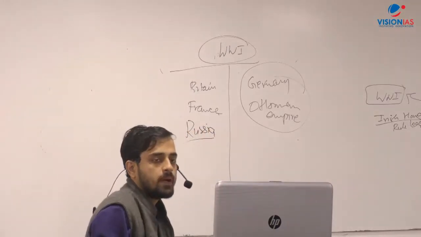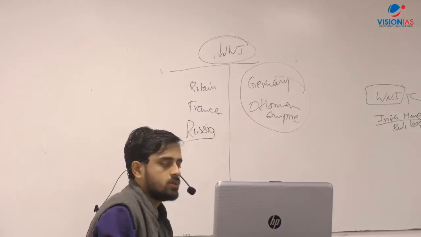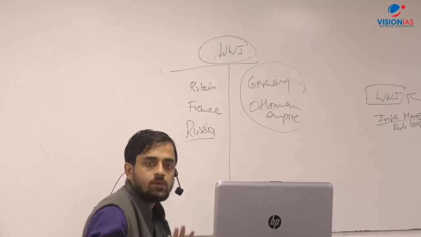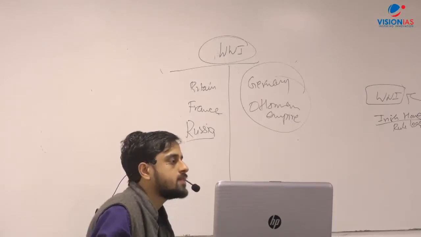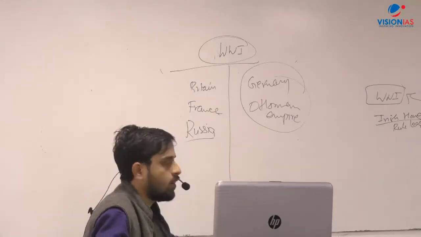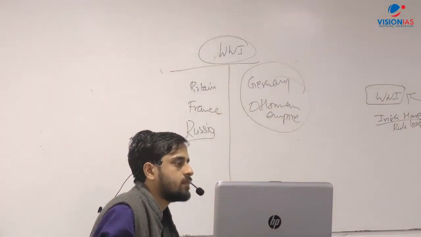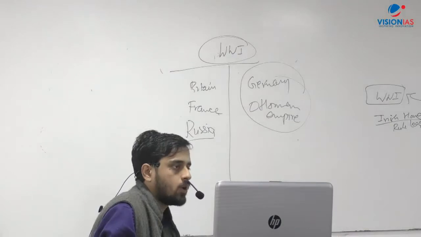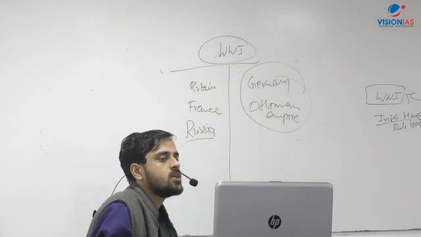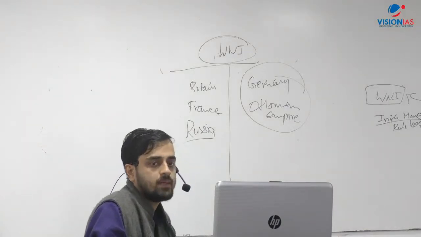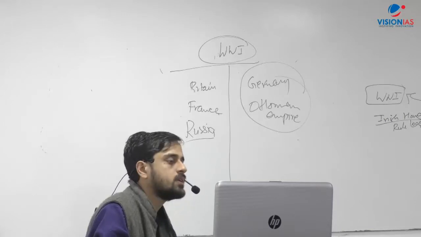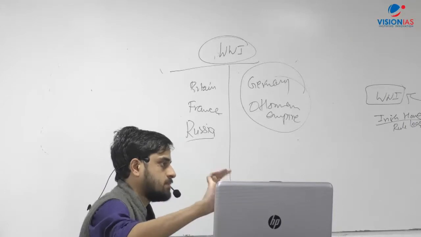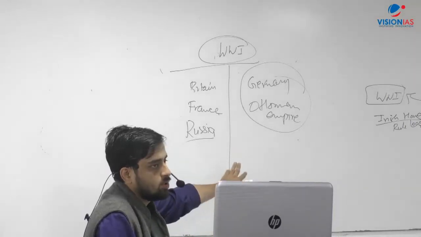In spite of the Ottoman Empire being a huge empire, Germany and the Ottoman Empire suffered a defeat in World War I. Now, when the Ottoman Empire suffered a defeat, the ruler or the Khalifa of the Ottoman Empire was also in charge of the most important sacred places of Muslims, Makkah and Medina. So these were the important sacred places of Muslims that the Ottoman ruler, the Khalifa, was in charge of.